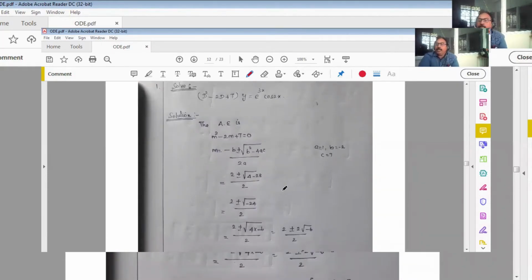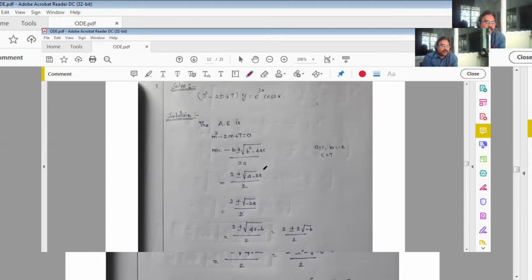To solve d square minus 2d plus 7 y equals e power 3x cos 2x, you find the roots. You use the calculator. M square minus 2m plus 7. Okay. What is a? A is 1. B is minus 2. C is 7.